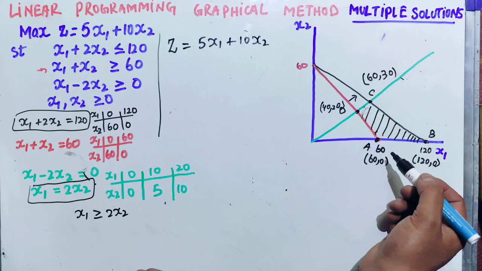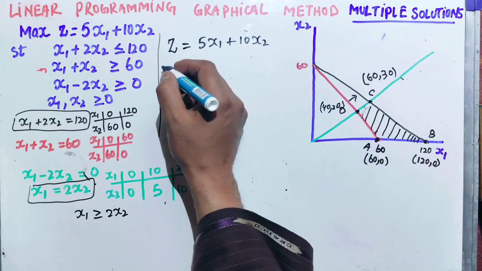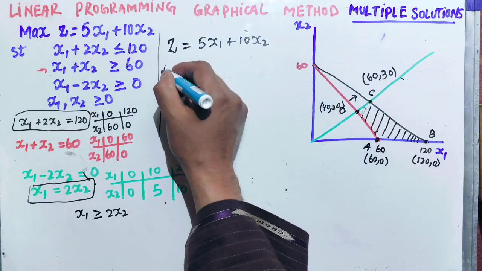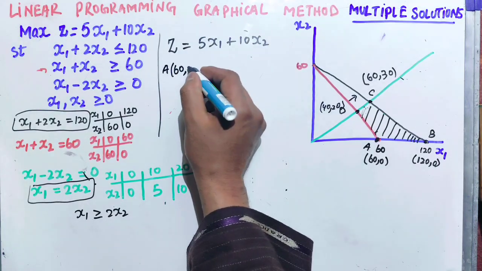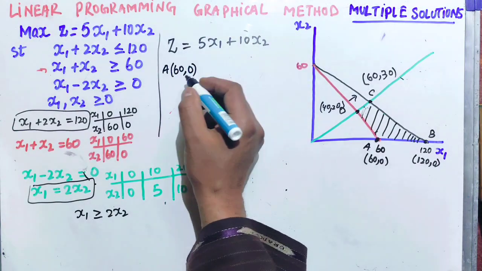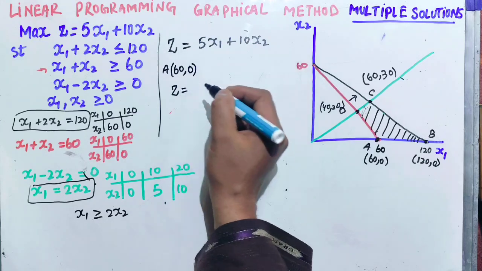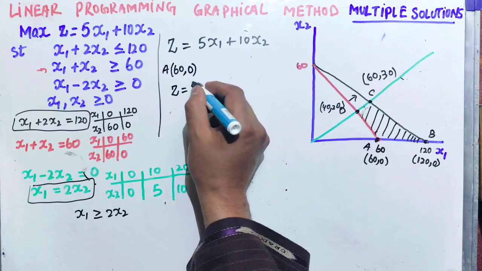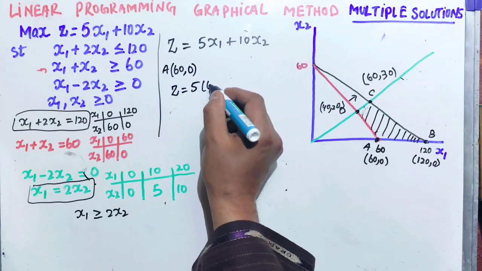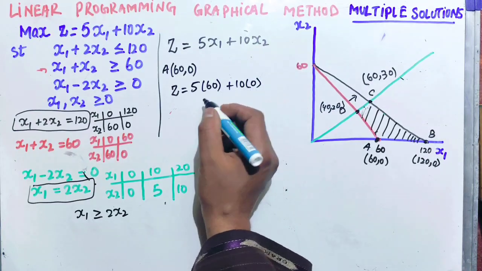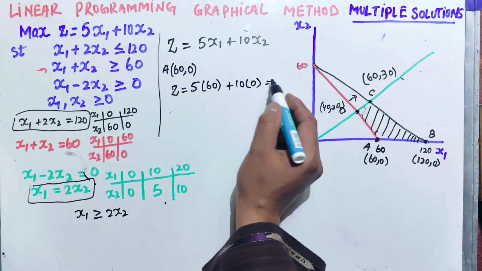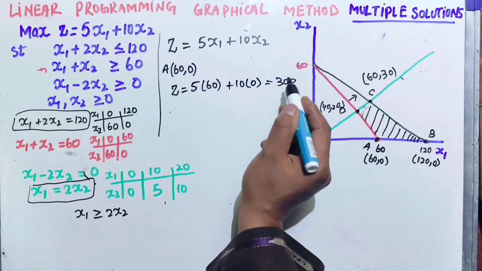So let us take point A. At A we have the coordinates 60 for x1, 0 for x2. That means z will be equal to 5 times 60 plus 10 times 0. So 5 6s are 30, so we get 300 here.